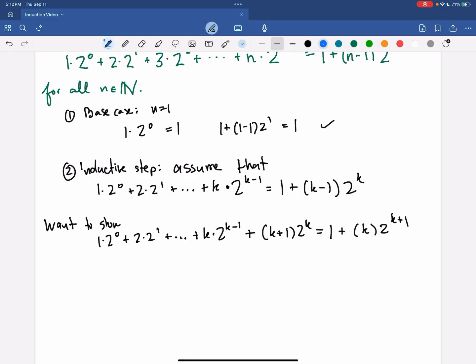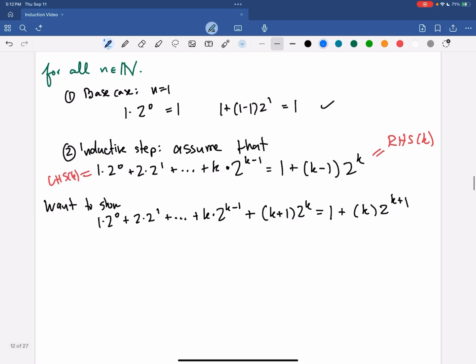And so here again, if we want to label things, that previous equation that we assumed, we can call it right-hand side for k and left-hand side for k. And then the new one that we're trying to prove, we can call left-hand side k plus 1, right-hand side k plus 1.